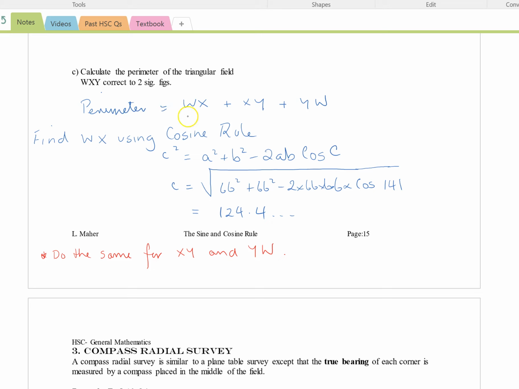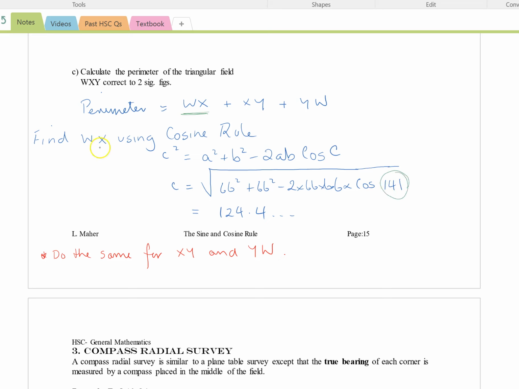So you could see that the perimeter is WX and then add on XY and Y back to W. Now they're all sides in a non-right angle triangle where the other two sides are given and one angle is given, and it's the angle opposite this side. For example, WX is opposite angle 141.